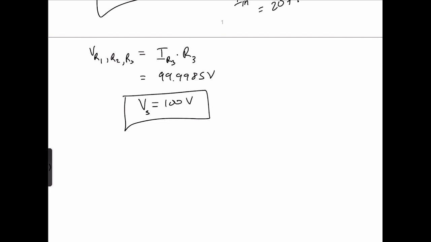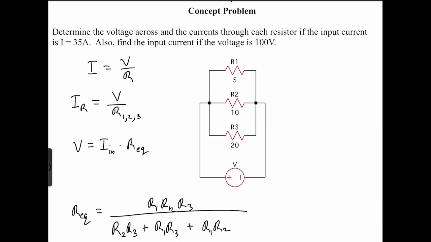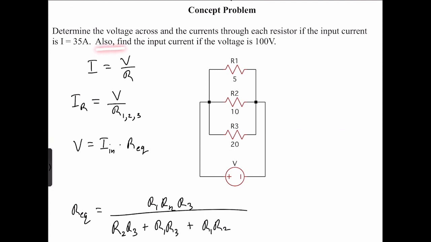So as you can see, the second part of the problem asks us to find the input current if the voltage is 100 volts.